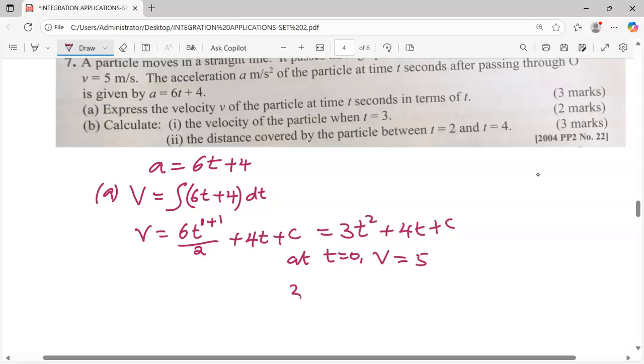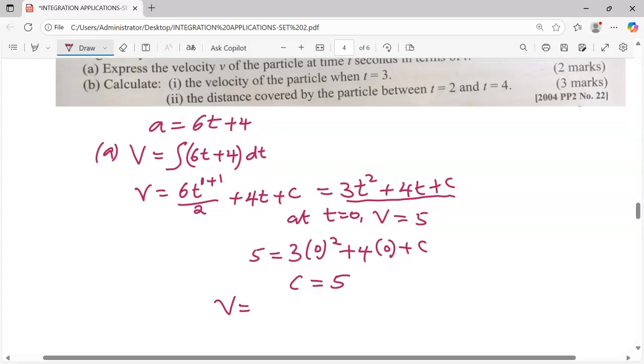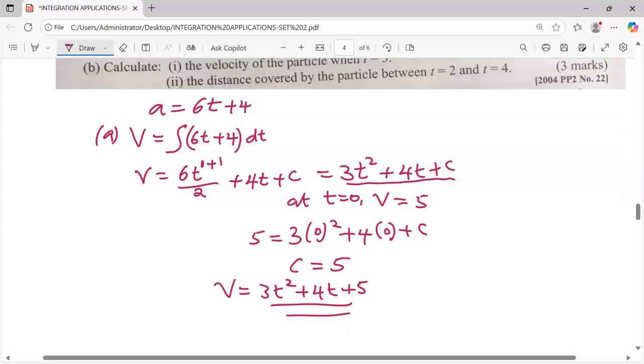Using this general equation, 3 times t squared, with t as 0, plus 4 times t, which is 0, plus c, this will give a velocity of 5, and in this case our c is going to be 5, since 3 times 0 squared is 0 plus 4 times 0 gives us 0. Hence, the specific function for the velocity will be 3t squared plus 4t plus 5. That is part A of this particular question.